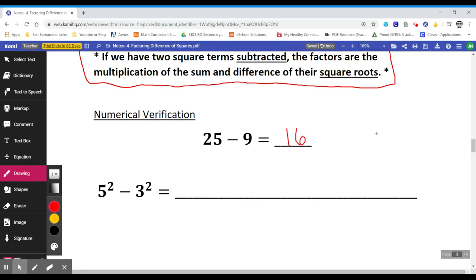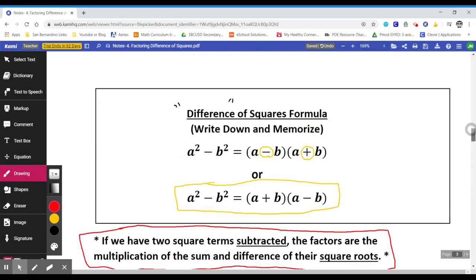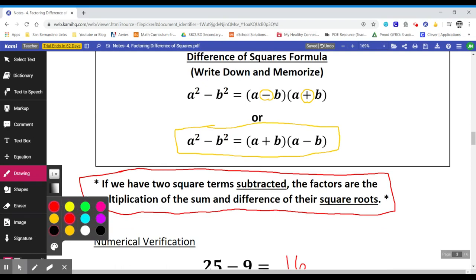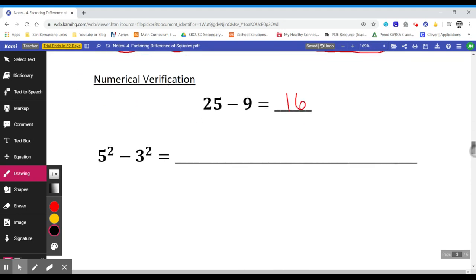However, let's try to see if the formula actually works. I'm going to be using the formula for regular numbers. I'm going to say that this is a difference of squares, right? So this is a squared minus b squared, which means that in this case, it's the exact same thing as if I write 5 squared, which is the exact same thing as 25, subtracted from 3 squared, which is the exact same thing as 9.